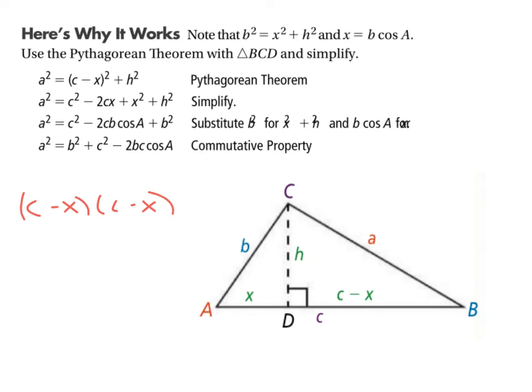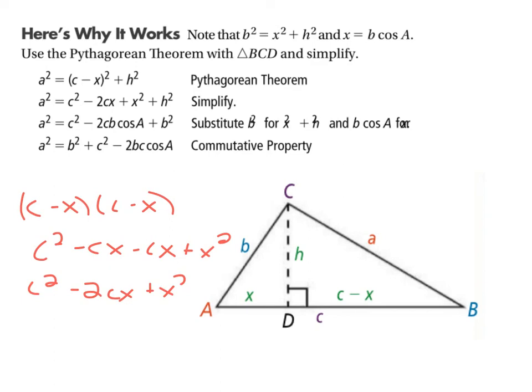First, c times c is c squared, outer c times negative x, negative cx, inner negative x times c, also negative cx, and last, negative x times negative x is positive x squared. Okay, so then what that equals is c squared minus, notice how you have cx twice, so that would be minus 2 of that amount, 2cx, plus x squared.